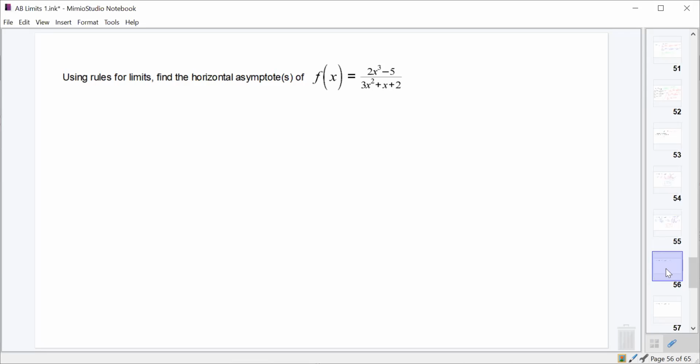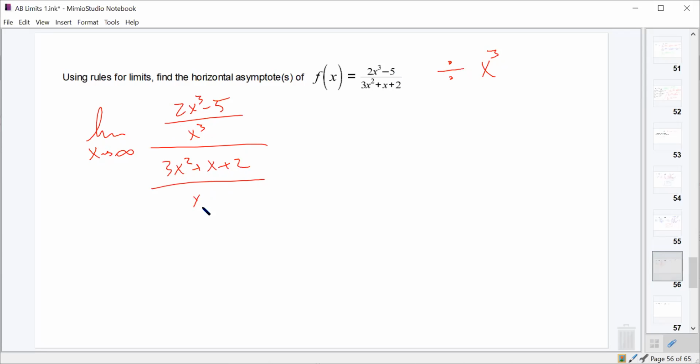All right, one more case. We had the case where the degrees were the same, the case where the degree of the numerator was less. Now we have the case where the numerator is more. So our highest degree is x cubed, which means we're going to divide everything by x cubed. So we're going to look at the limit as x approaches infinity of 2x cubed minus 5 over x cubed, all over 3x squared plus x plus 2 over x cubed.